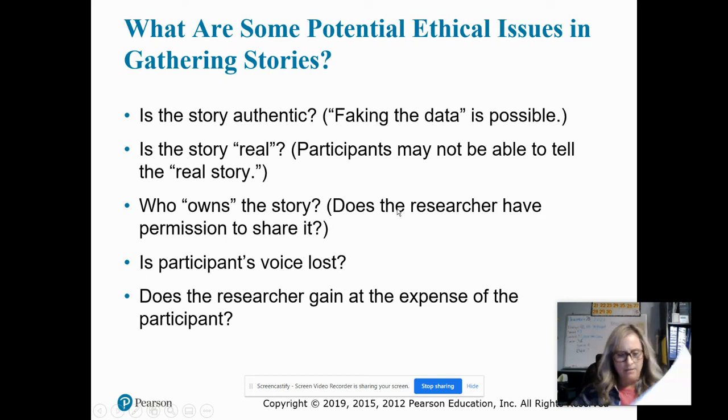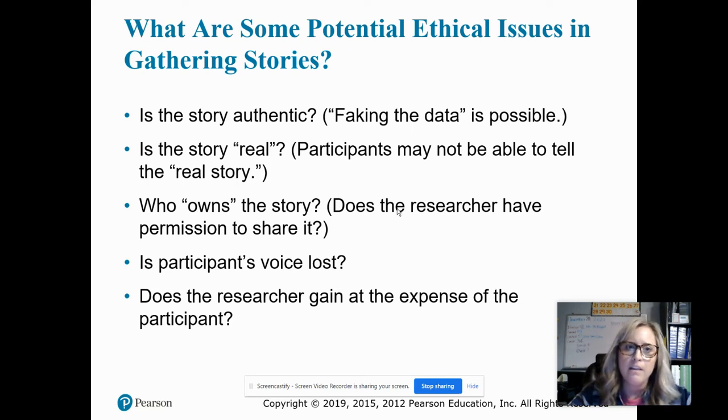Okay, so now it says, what are some potential ethical issues in gathering stories? So as always, we have to think, ethically, what do we need to make sure we're doing to do it correctly without breaking any rules or getting faulty data, because you don't want to do that either. You want your research to be top notch.